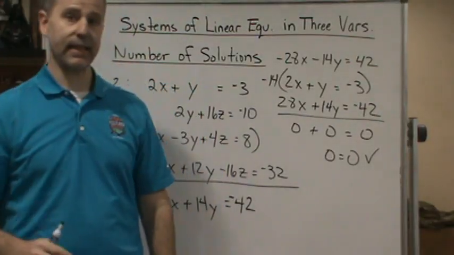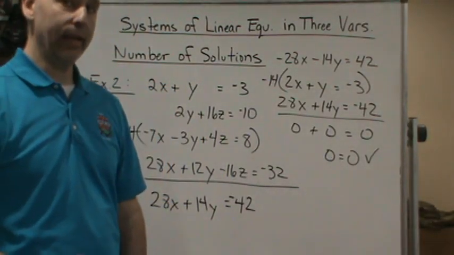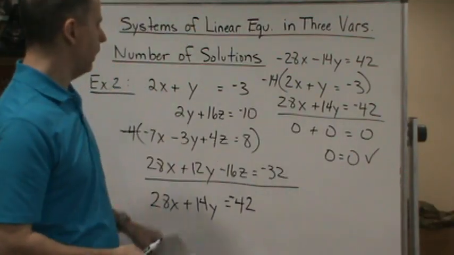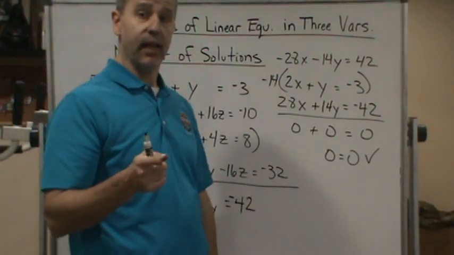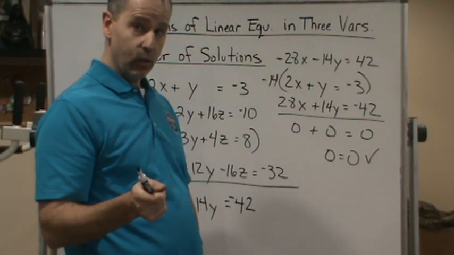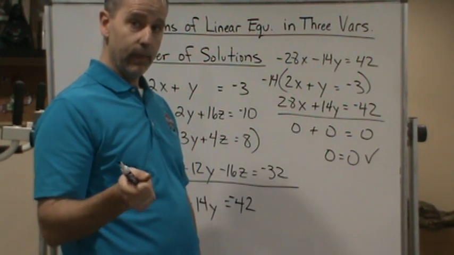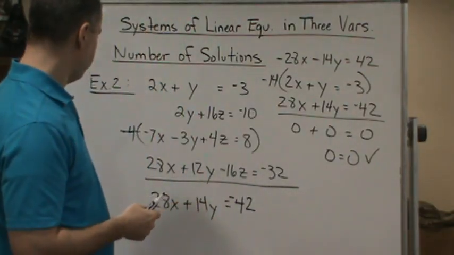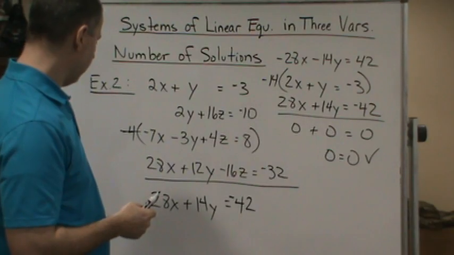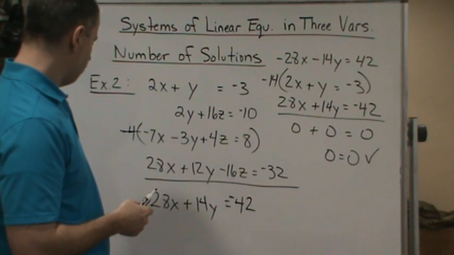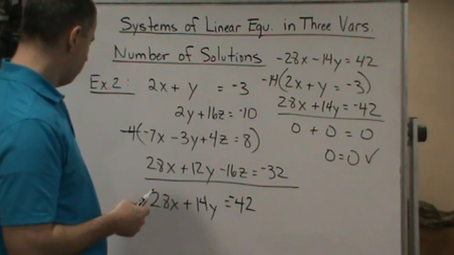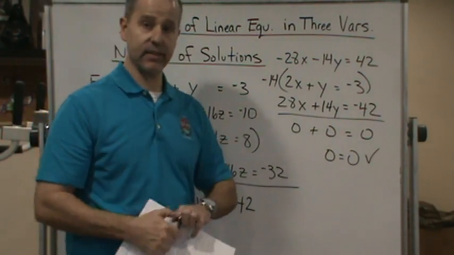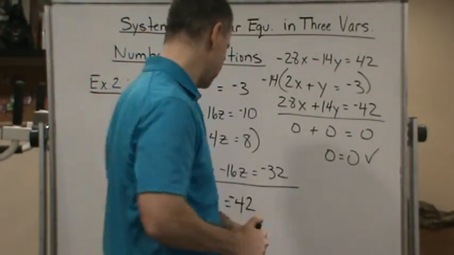So this means that the system is what? Well, there's infinitely many solutions, which means the equations are dependent on each other, which means that at least the equations are multiples of each other. Okay? So in other words, it's dependent, which means that there's infinitely many solutions, right?